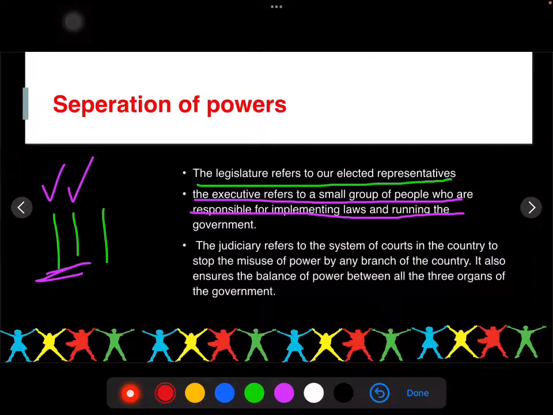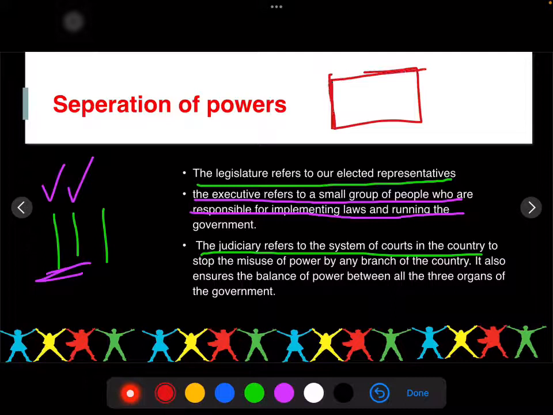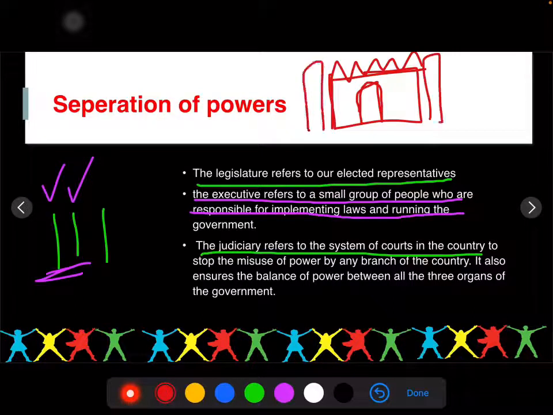The judiciary refers to the system of courts. So you know the courts, right? If there is any injustice, we approach a court. Judiciary refers to the system of courts to stop the misuse of power of any branch of the country.